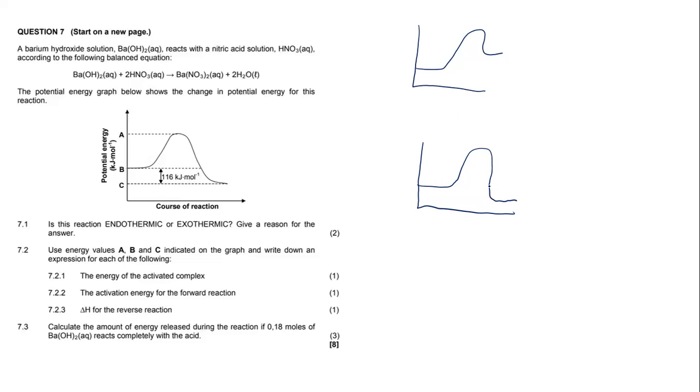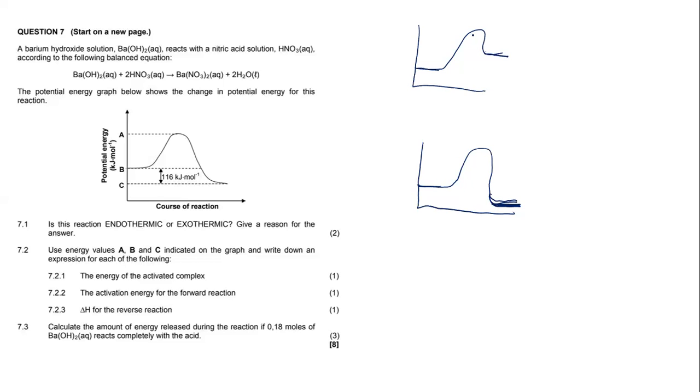You can see that the ending points of these two graphs are not the same. The ending point here is low. The ending point there is higher than this one. We have this starting point and then we end over there, high. Here we have this starting point and then the ending point is a little bit lower than the starting point.